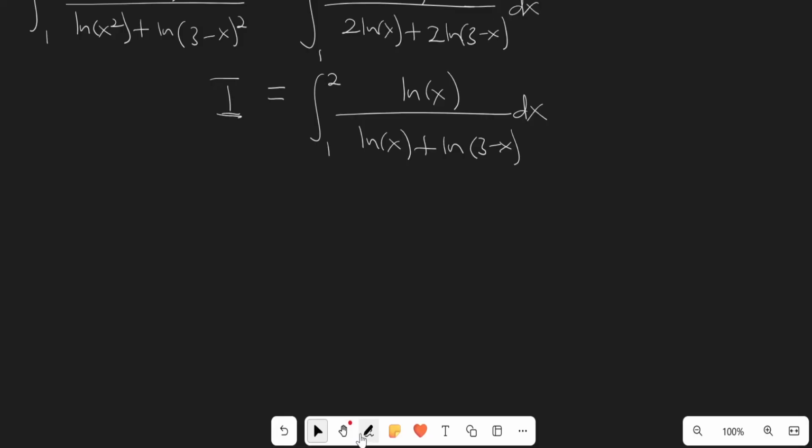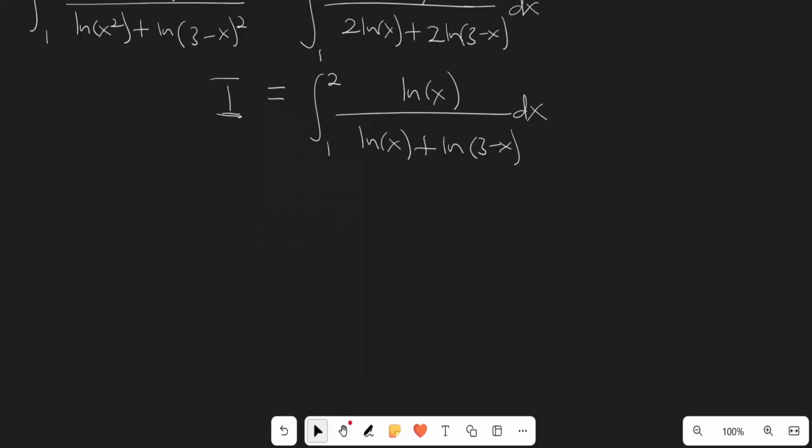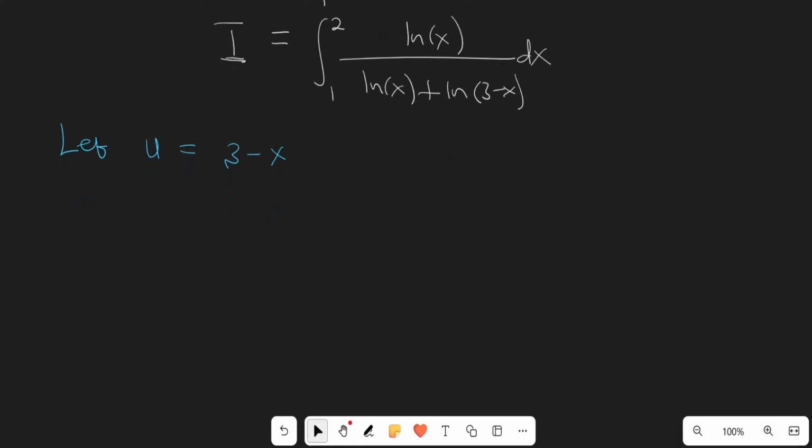So let's do some u-substitution. We can let u be equal to, let's say, 3 minus x. du/dx is going to be negative 1. In that case, dx is going to be negative du.